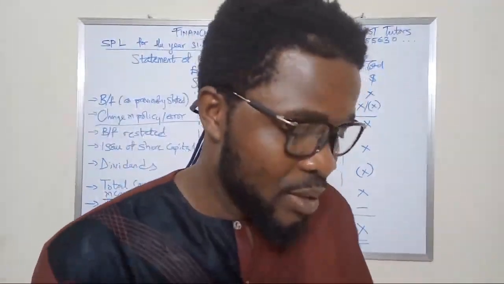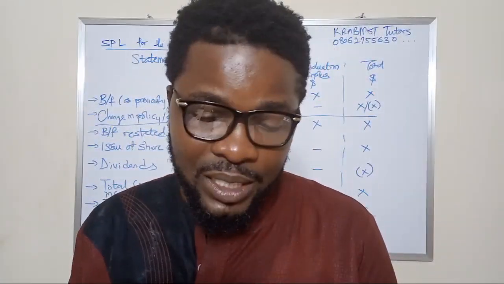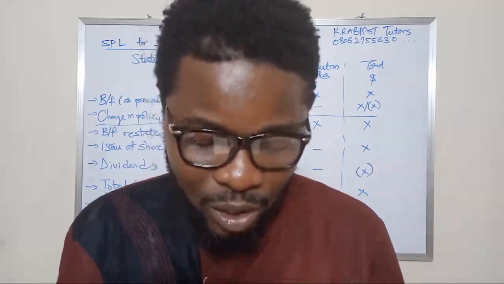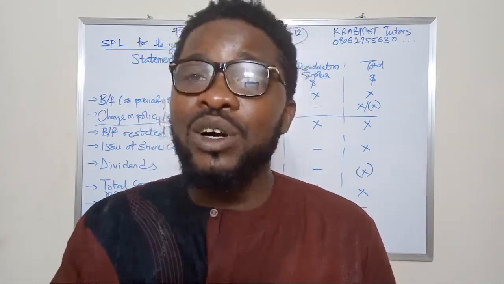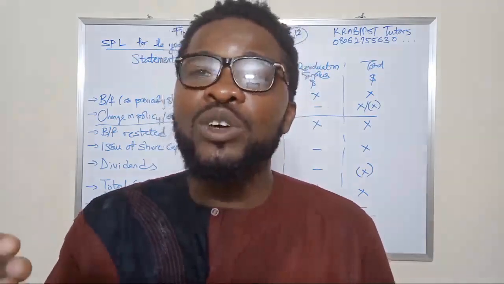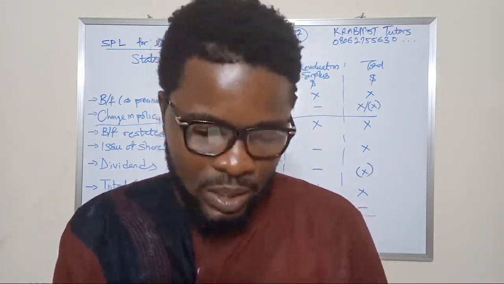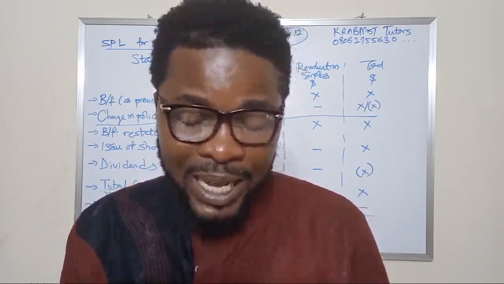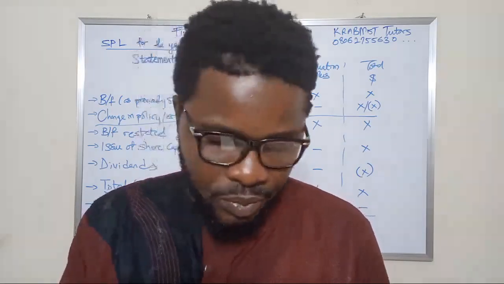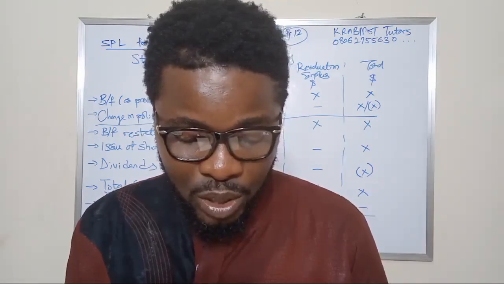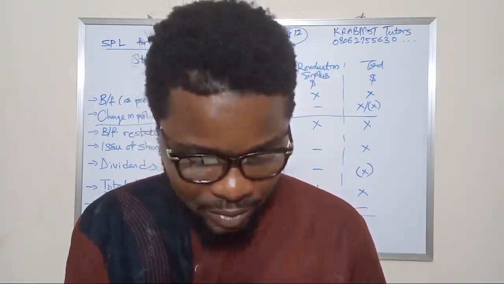Number 1, total comprehensive income for the year. Amortization is almost like depreciation. When you are depreciating intangible things, that is amortization. Amortization of capitalized development costs. Surplus on revaluation of non-current assets.